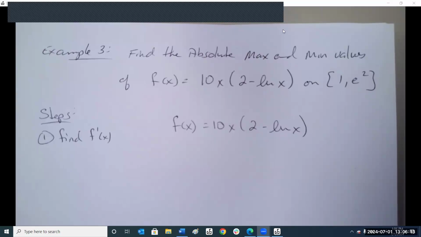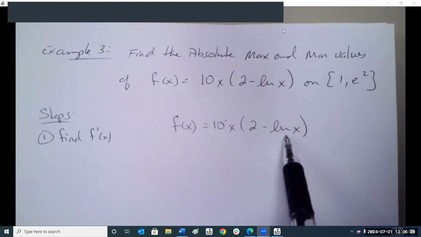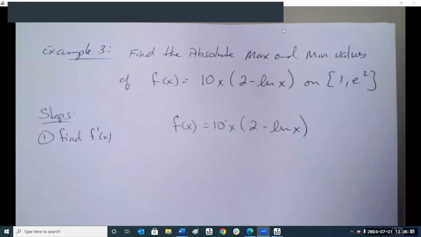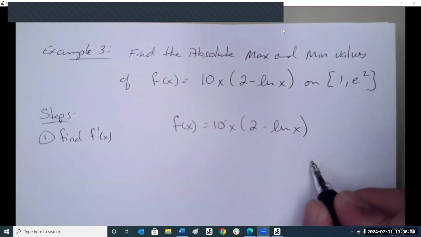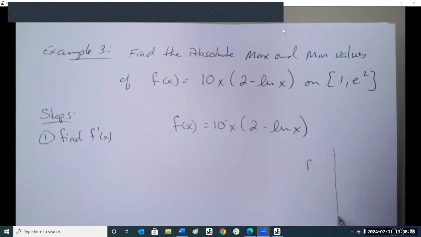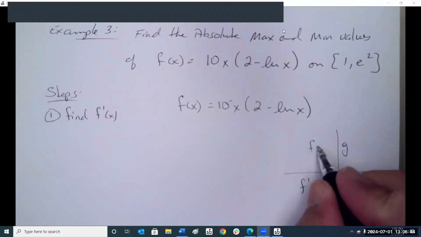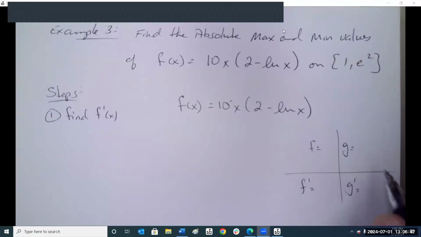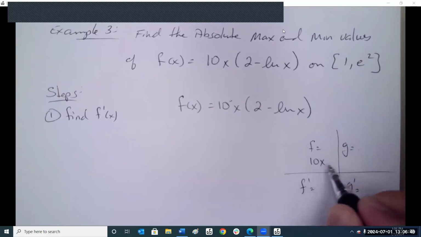How are we going to do that? Which method are we going to use? We can use the product rule, but even if we distribute, we'll still have to use the product rule. So let's use the product rule. So f of x is 10x.